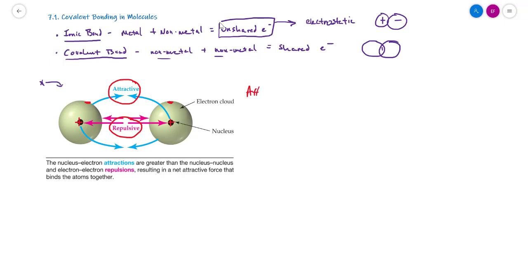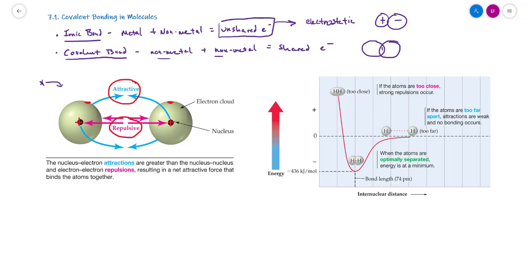And if attraction is greater than repulsion, then a covalent bond forms, in which case we can have electrons being shared between two nuclei or two atoms.